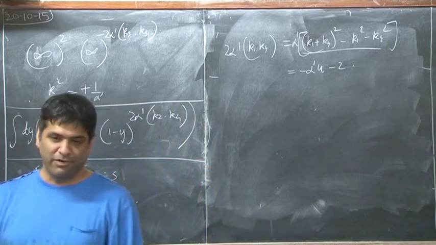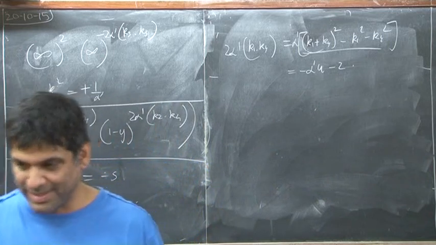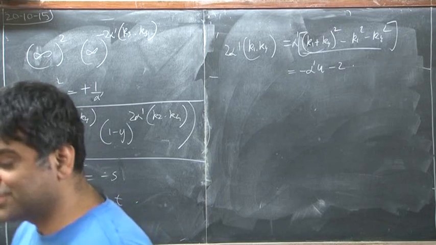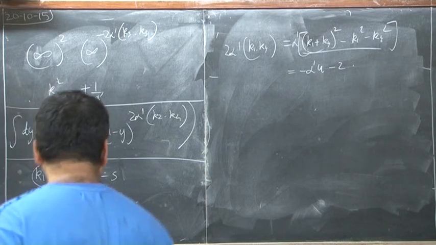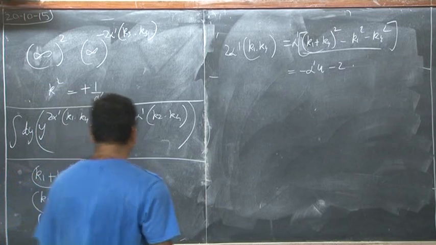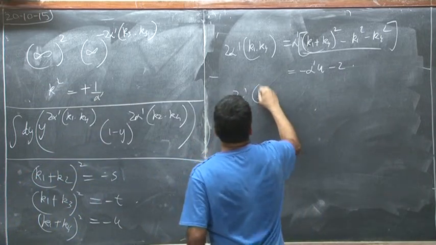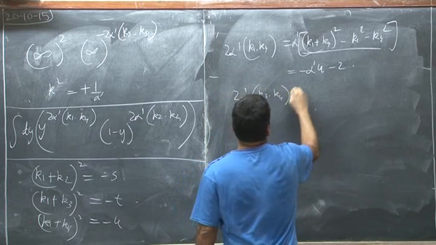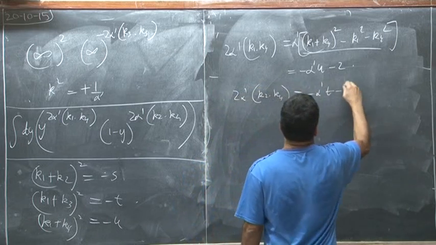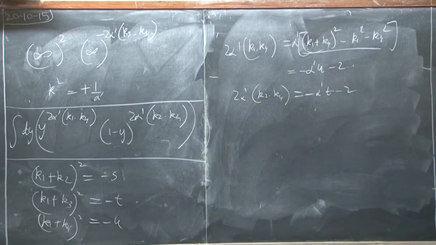which involves (k2 plus k4) the whole thing squared. But by momentum conservation, that's the same as (k1 plus k3) the whole thing squared. Yes, it will be the same algebra. Minus alpha prime t minus 2. Okay?